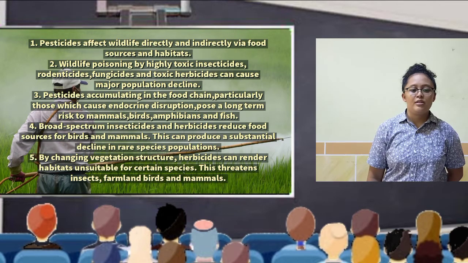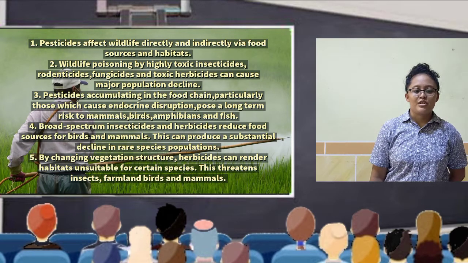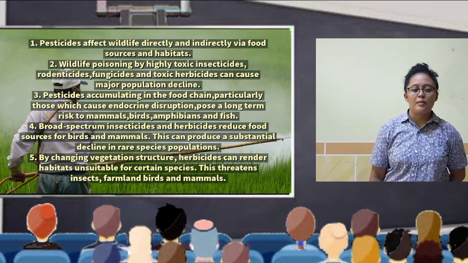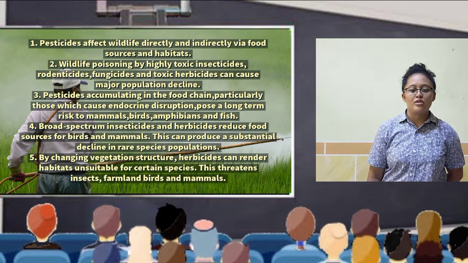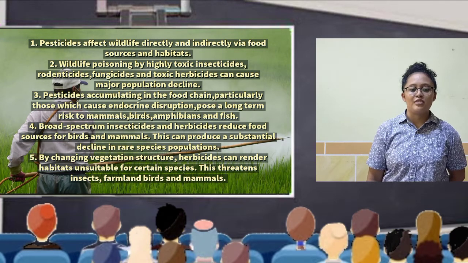Third, pesticide accumulation in the food chain, particularly of those which cause endocrine disruption, poses a long-term risk to mammals, birds, amphibians, and fish. Fourth, broad-spectrum insecticides and herbicides reduce food sources for birds and mammals. This can produce a substantial decline in rare species populations.